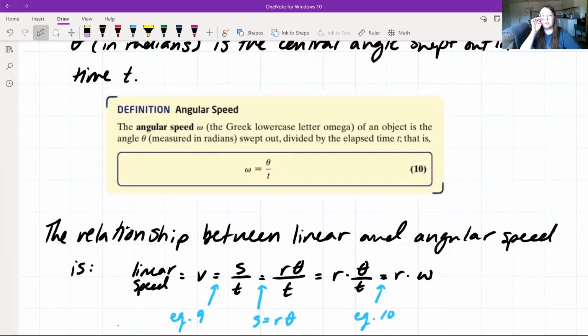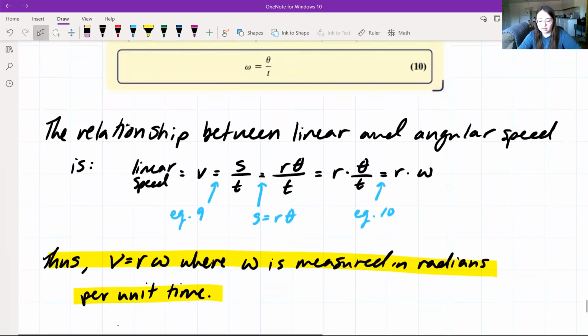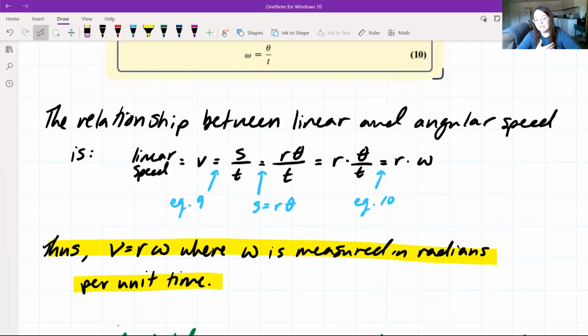So if we were spinning a ball on a string and spinning it around, it has angular speed. The moment we let go, it has linear speed. So there is a relationship. The relationship between linear and angular speed is that linear speed v is equal to s divided by t.